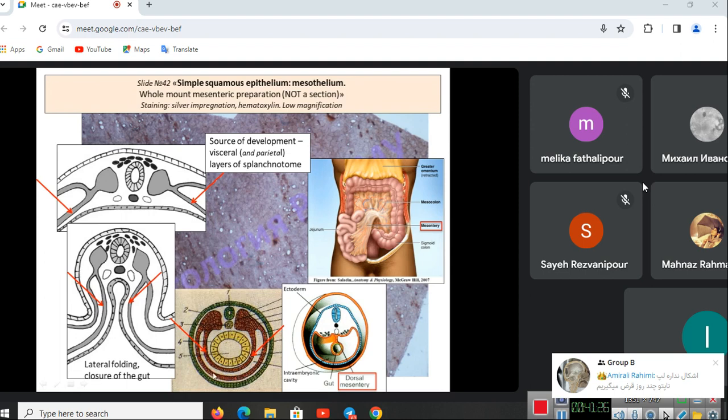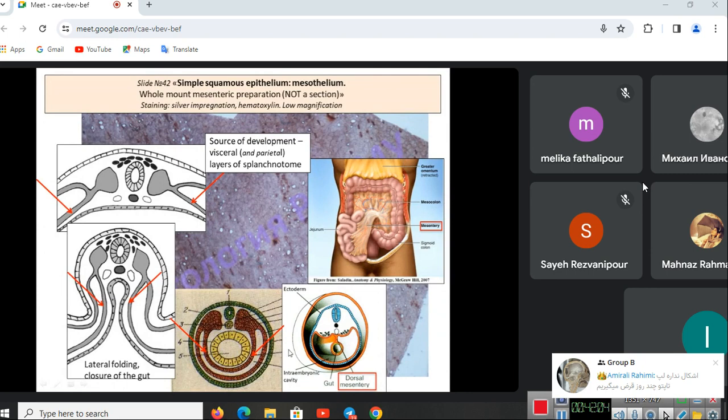Between these layers will be the body cavity, the abdominal cavity, inside which the intestine will be located. And this will be the mesothelium, which covers the intestine. It is from the visceral layer of splanchnotome. And this will be mesothelium, which lines the abdominal cavity from inside. And this develops from the parietal layer of splanchnotome. And between them, we will have the abdominal cavity filled with serous fluid.